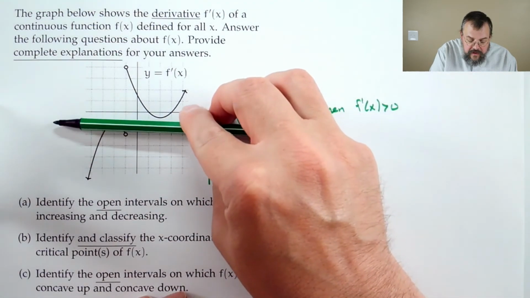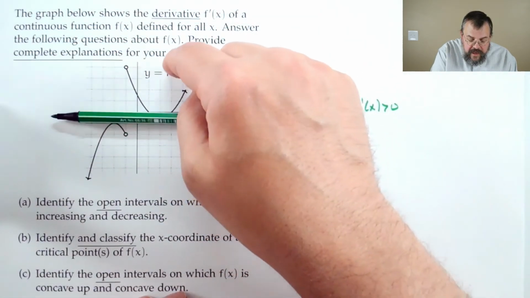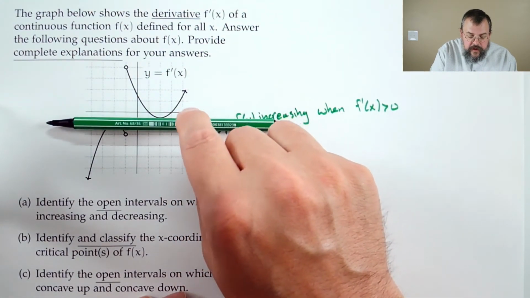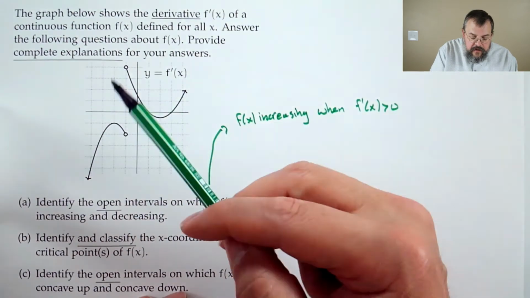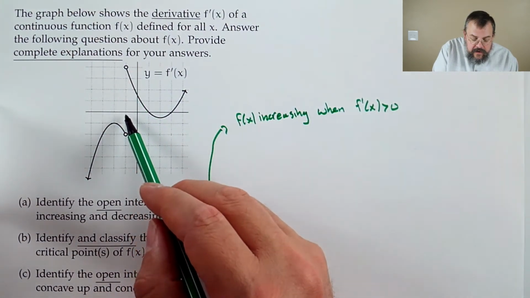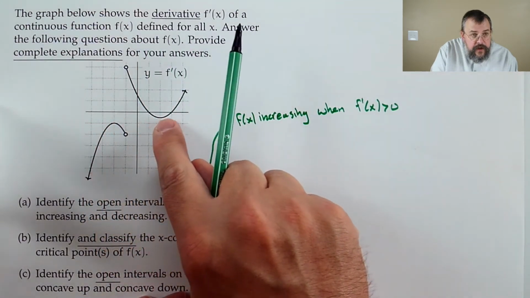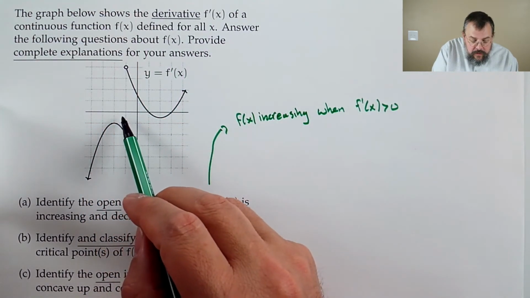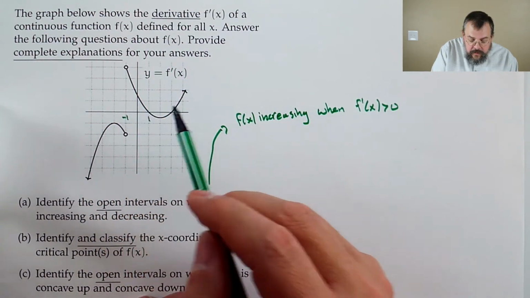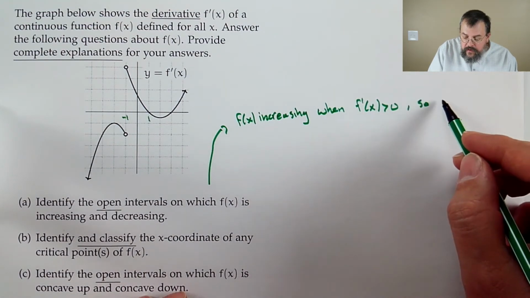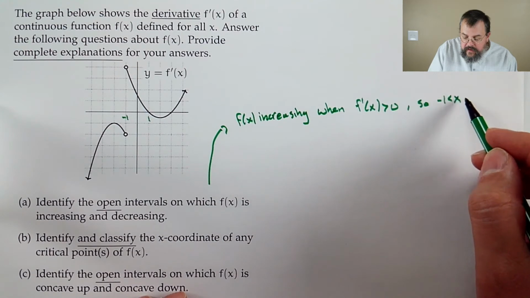Well, f prime is positive when I'm above the axis, because this is f prime. This isn't f, it's f prime. So I say, okay, well, it's positive from -1 to +1. There's a little grid here. So -1 less than x less than 1.